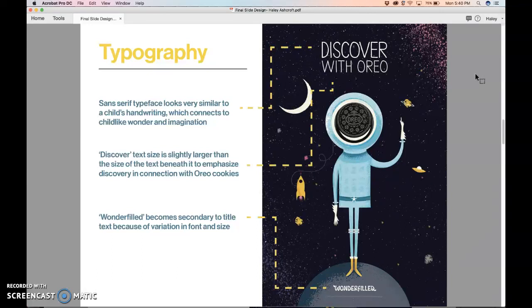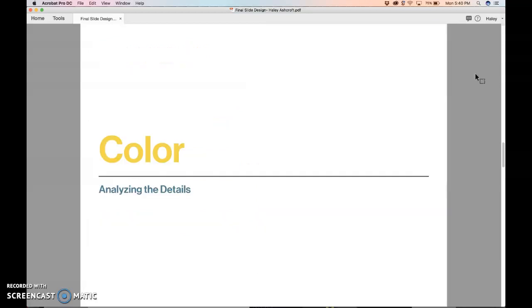This promotes discovery and this verb, this call to action, as the main focus of the ad. Lastly, Wonderfilled at the very bottom of the advertisement is very small compared to the rest of the text. Because it's so small, it becomes secondary in importance to the rest of the text on the advertisement.